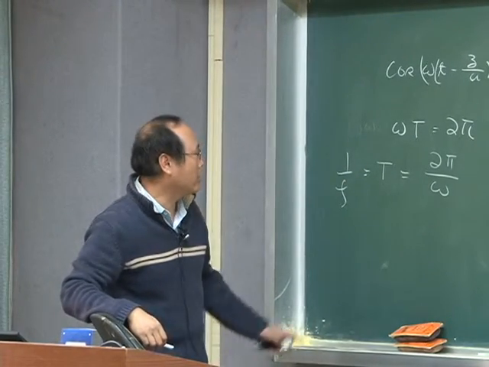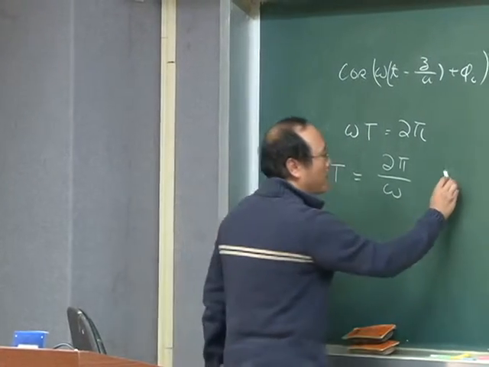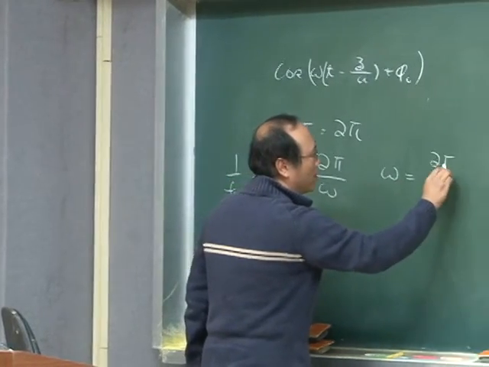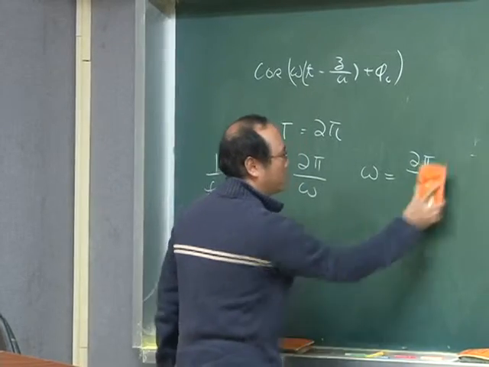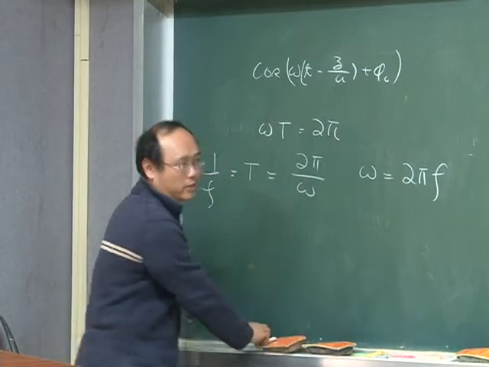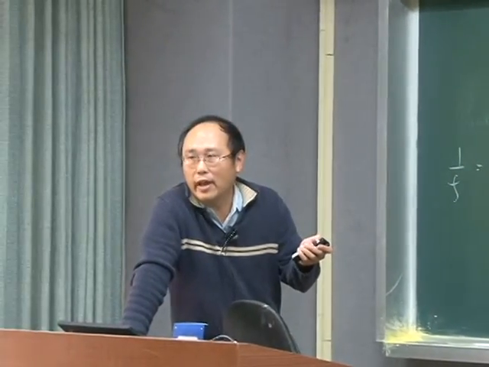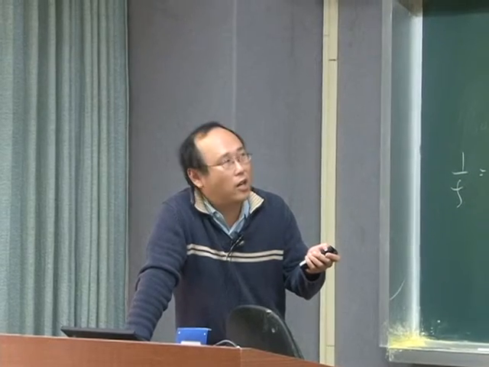So immediately you understand what this omega is, right? This omega basically turned out to be 2 pi multiplied with the frequency. So when you write down this, in fact, we don't know yet much about the physical meaning of this omega.